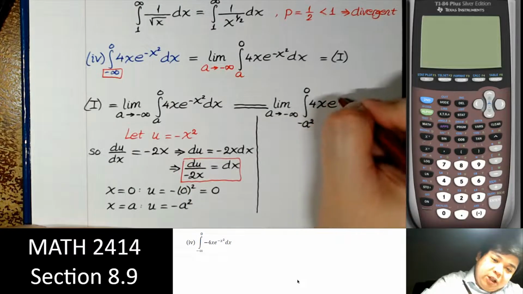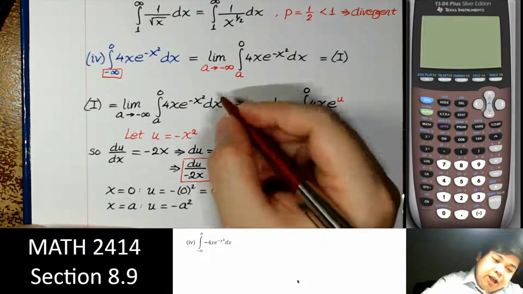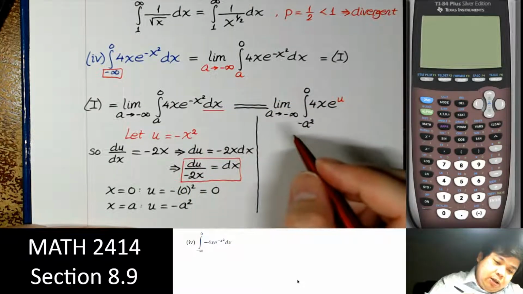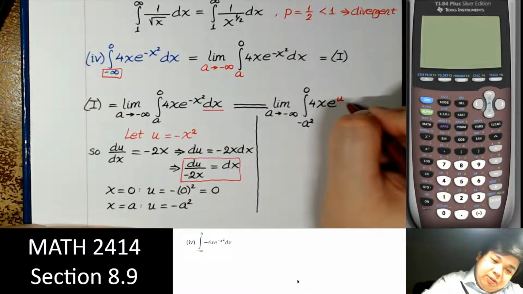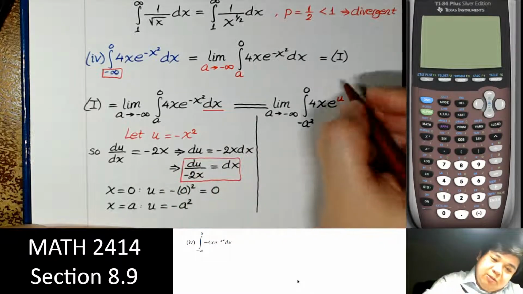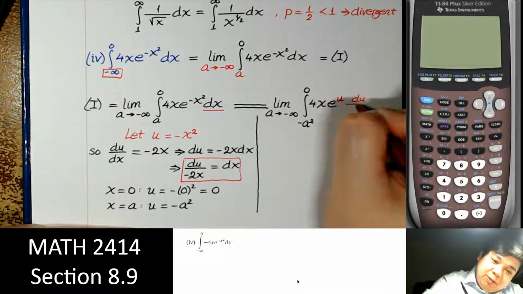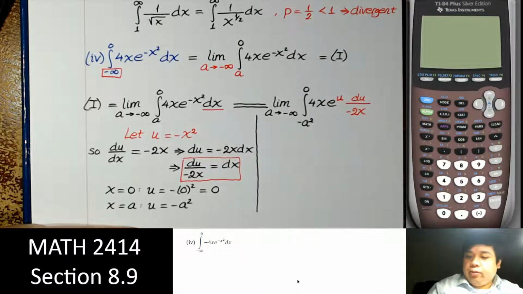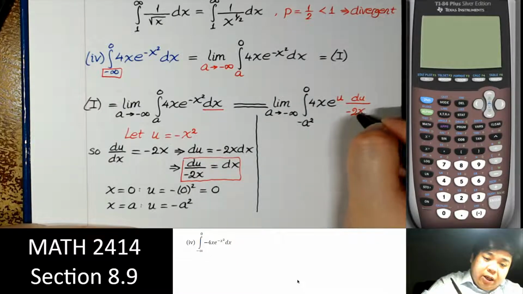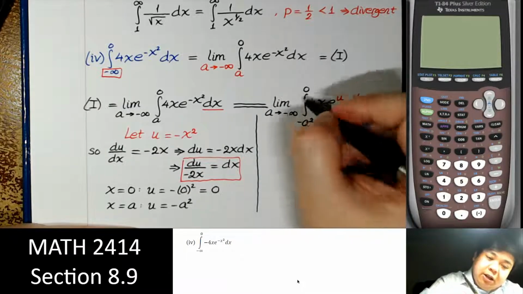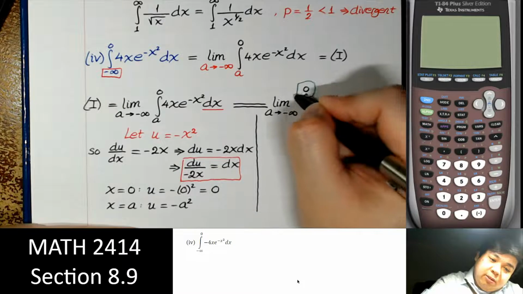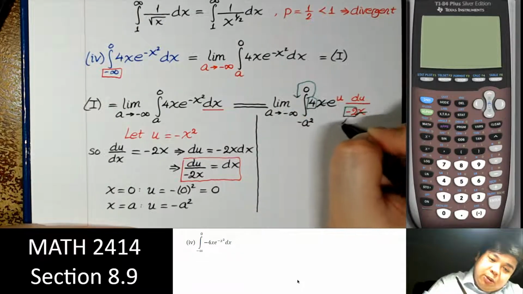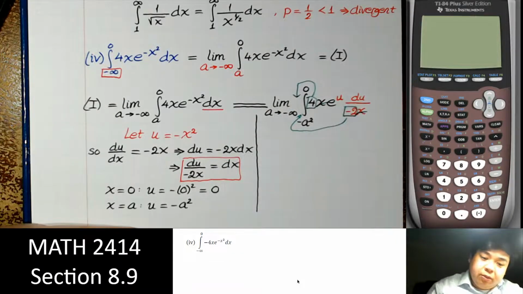Negative x squared is u, and dx is this. Cancel the x, take out the 4 on the top, negative 2 at the bottom.